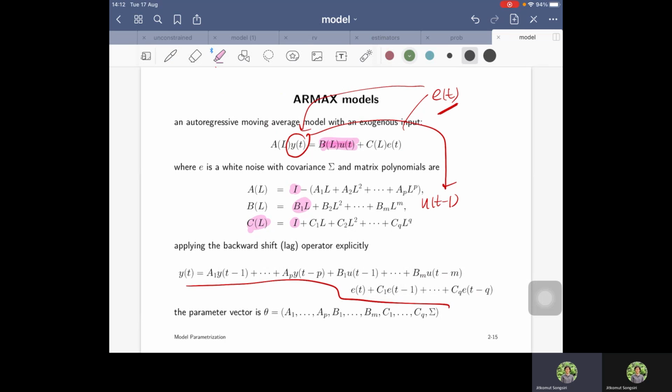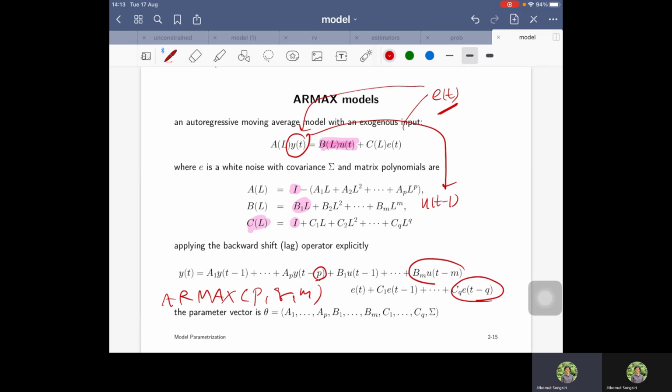If you apply these matrix polynomials to the time domain to obtain the time domain equation, this is called the ARMAX process. We use the notation ARMAX(p, q, m): p is the order of the autoregressive process, q is the order of what we call the moving average process, and m is the order of the term with the exogenous input.